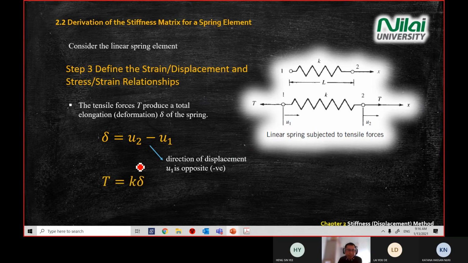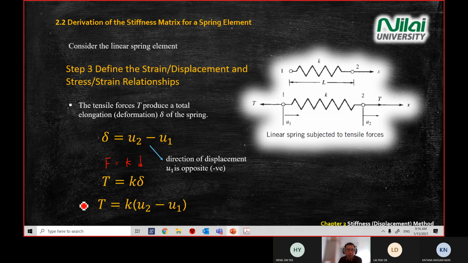And the equation for our system, tensile force equal to K delta, is also the same. F equal to KD, it's the same principle. So you transform it to the formula that we have here: T equal to K delta, which is T equal to K times U2 minus U1.